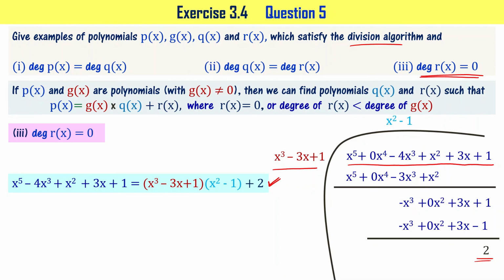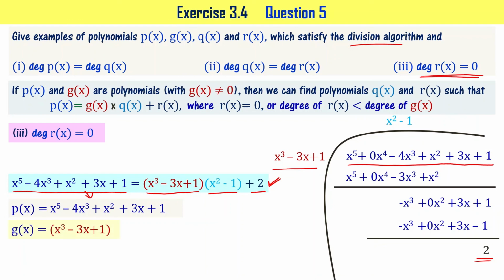Here x power 5 minus 4x cube plus x square plus 3x plus 1 is equal to x cube minus 3x plus 1 times x square minus 1 plus 2. If you compare this with the division algorithm, you can say p of x is this particular expression and g of x is x cube minus 3x plus 1 and q of x equal to x square minus 1 and r of x is 2.